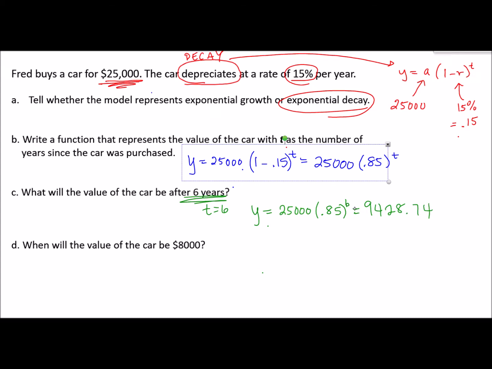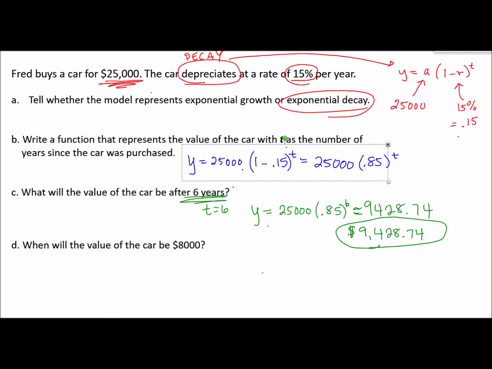That's approximate, right? I'd round. So the value of the car after 6 years is 9,428.74. Now, why would I leave the decimals in that time? Well, because every penny counts, right? We're talking about money. Yeah, we want to go out 2 decimal places.